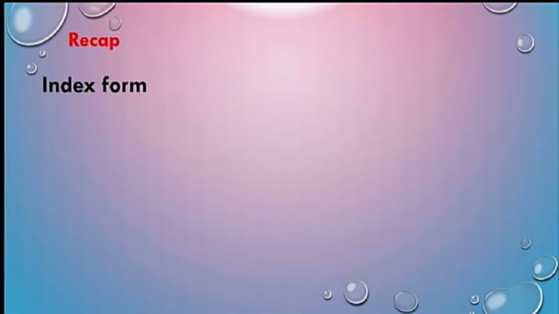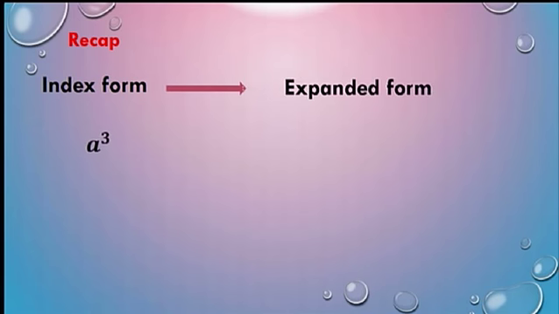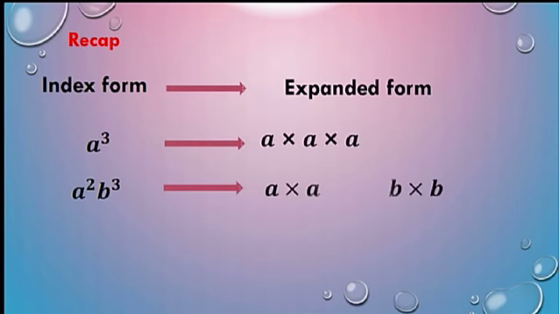Students, you also learned how to write a number from index form to expanded form. That is, if we have a power 3, we can write it as a times a times a. Similarly, for a square b to the power of 3, we can write it as a times a times b times b times b.